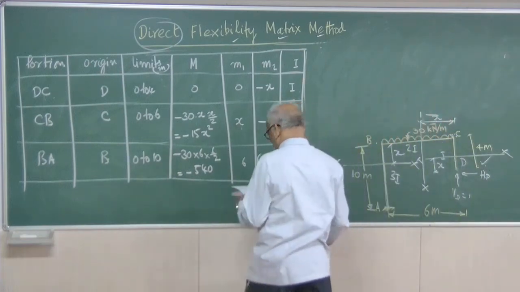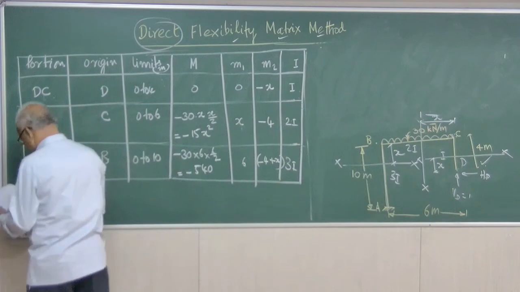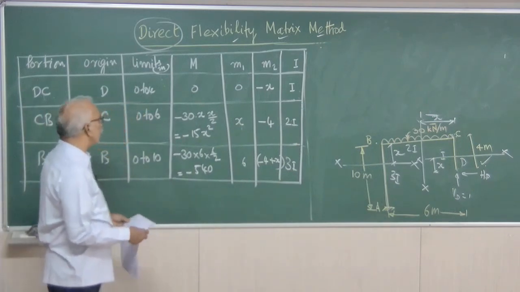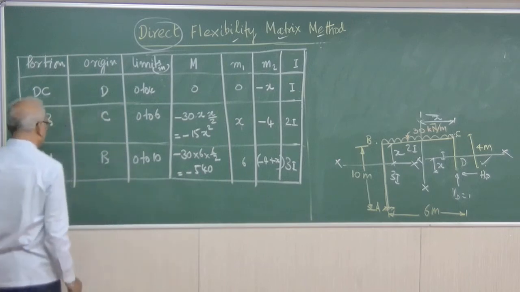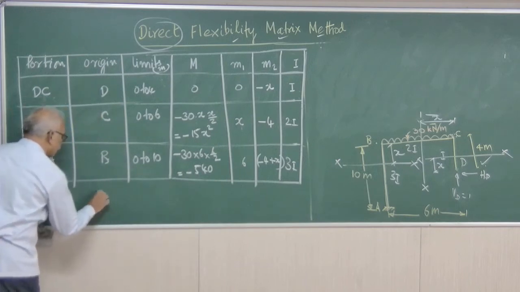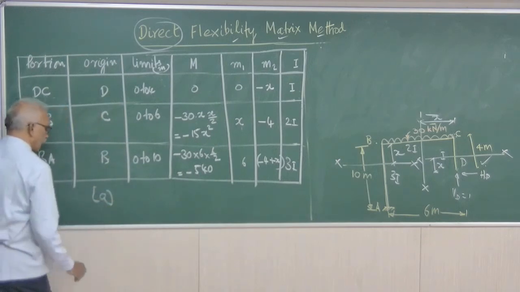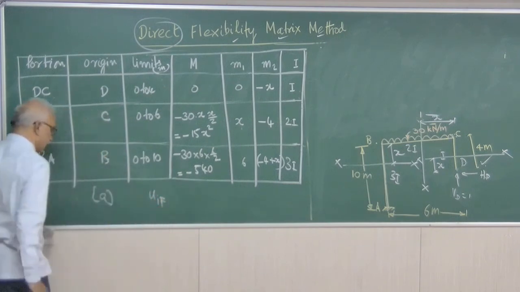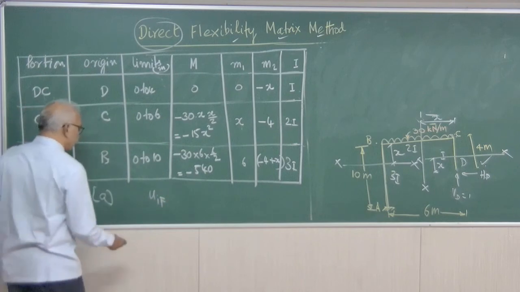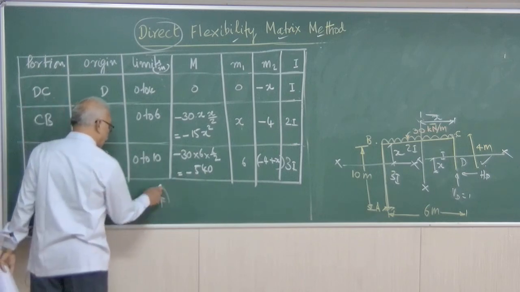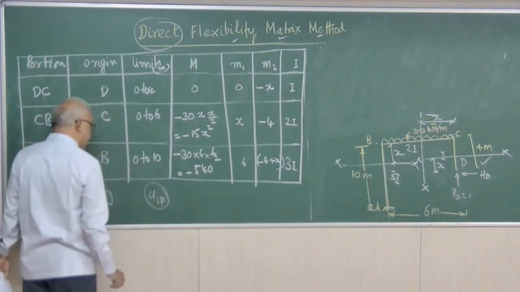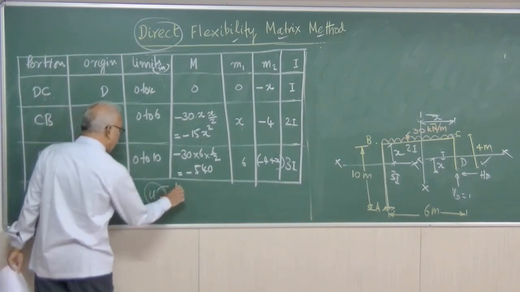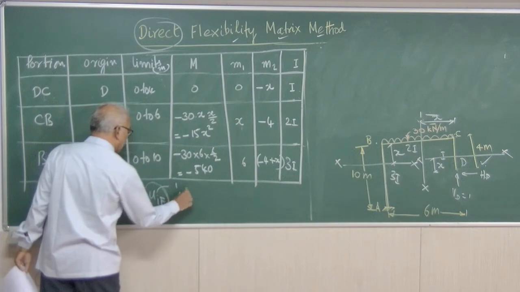Right. Now, for doing the calculations, we have to find the coefficients for the A matrix and the values of UIF. Now, UIF is the displacement at coordinate 1 and coordinate 2. There are two coordinates.